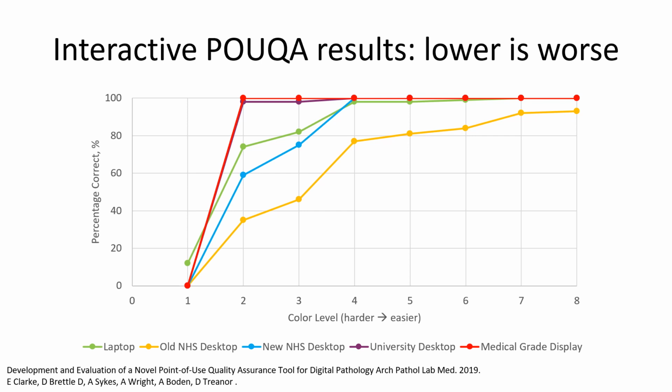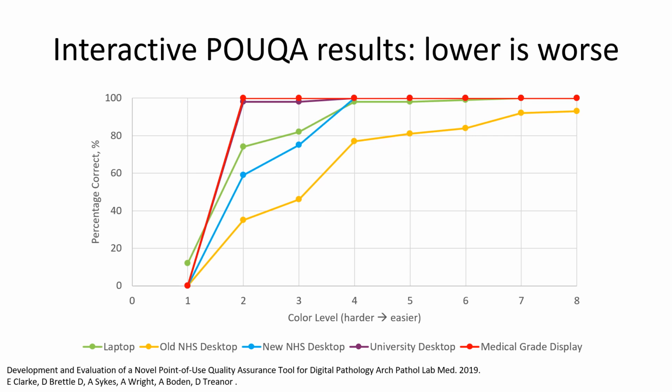We have looked at a range of different displays in an NHS hospital. This is just a convenient sample of what was there, and we can see the response is a percentage correct graph showing how many times we could get the letters correct for different levels of colour level. So a colour level of 0 was can't see, and the colour level of 8 should have been very obvious. And we can see that on the old NHS desktop, you can't see 100% of the letters, even when they have a really high contrast.